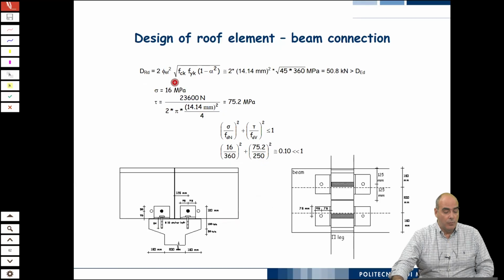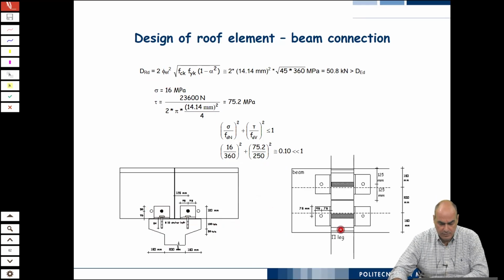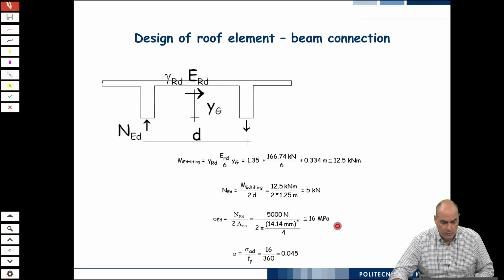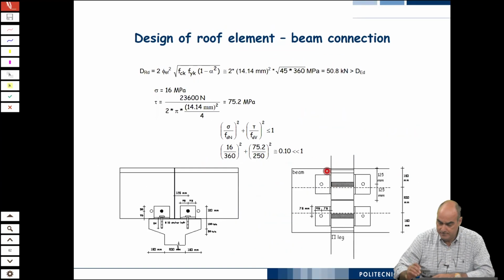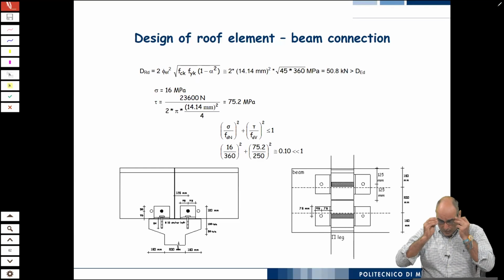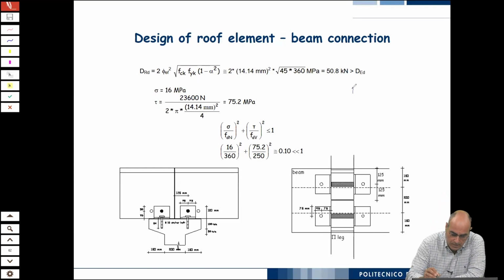So we used it once more, because in the end we used a connection like this. You see, we had these steel angles and we had dowels. If you look at this single edge of the roof element, the connection was made like this.